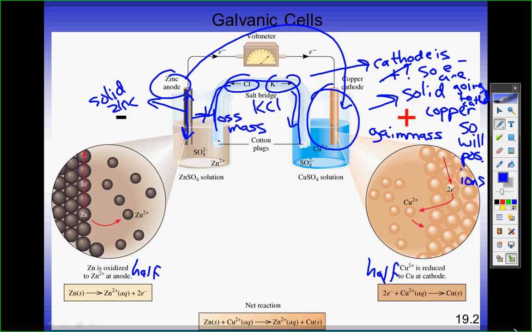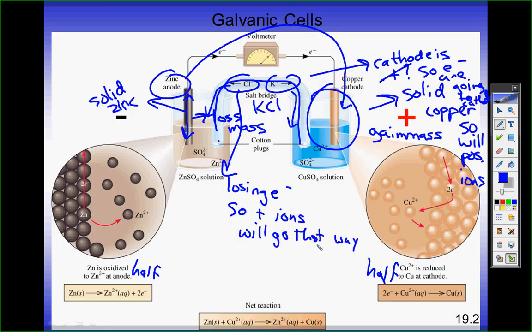So Cl- is going to go to the anode. Why? Because it's losing electrons, so positive ions will go that way, and negative ions will go the other way.